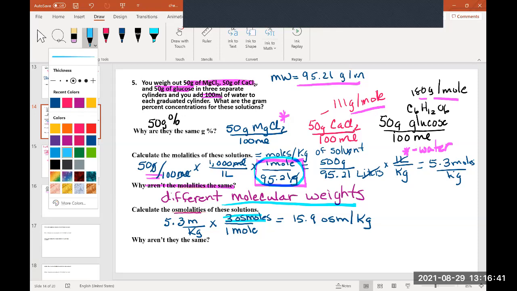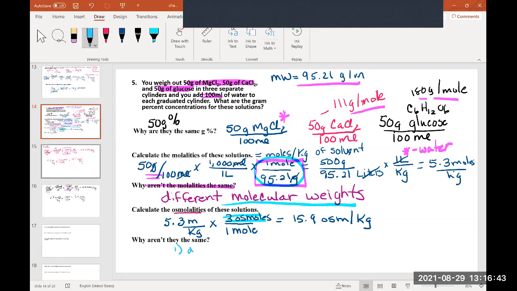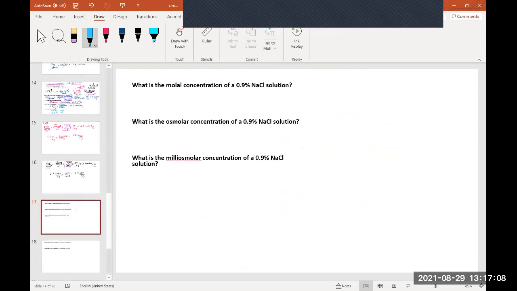For 2 reasons: 1, different molecular weights, and 2, different dissociation factors. That's why all 3 of these compounds, even though they started out with the same grams percent, ended up with different osmolalities. Let's move on.